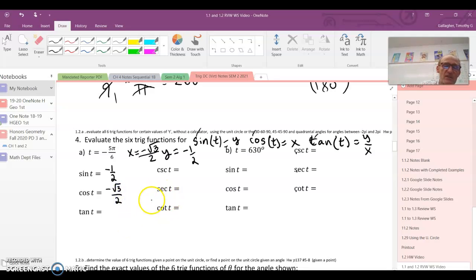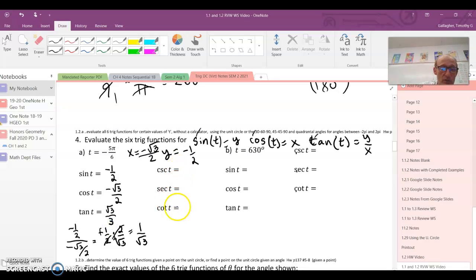And the tangent of t takes a little bit of algebra, but you're going to put the negative 1/2 over negative square root of 3 over 2, which is negative 1/2 times 2 over the square root of 3, negative. The 2's cancel, the negatives cancel, and you end up with 1 over the square root of 3, but you have to rationalize that, and so that's the square root of 3 over 3.